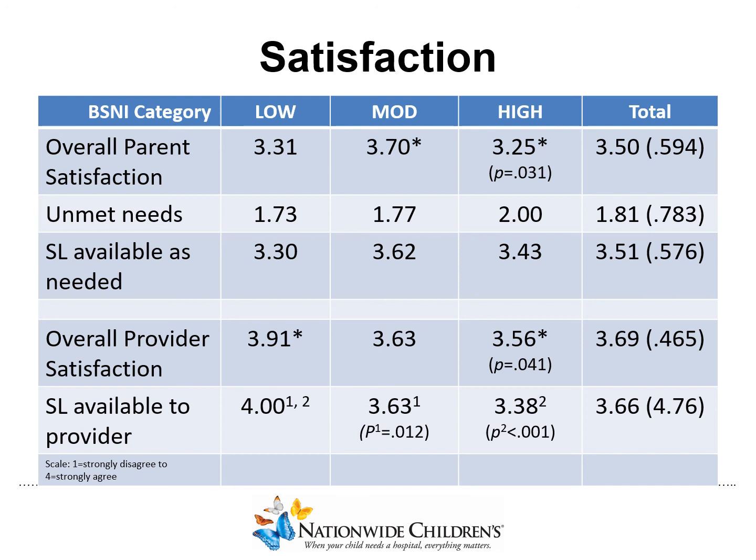So the scale here is that 1 is strongly disagree to 4 is strongly agree. And with overall parent satisfaction, we found that there was really no difference between the low needs group and either of the other groups. There was a significant difference between the moderate group and the high group.